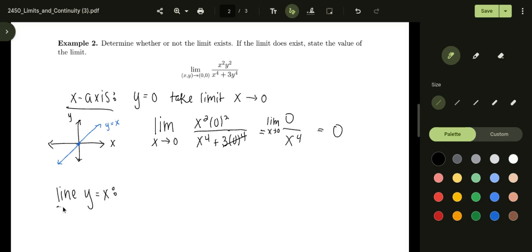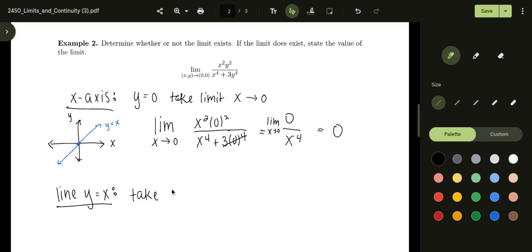So now, thinking about how our line is behaving with the x and the y variable, well, in this case, we could do the same thing. We could say that, okay, we're only going to focus on taking the limit as x approaches 0.